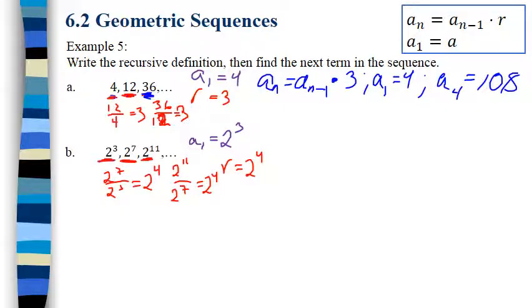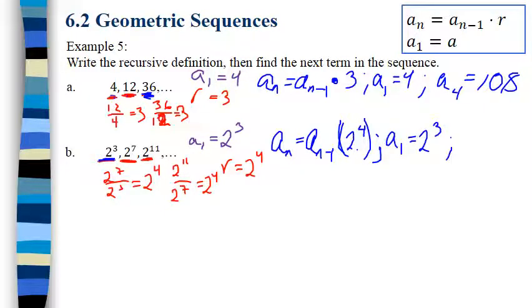And so the recursive formula is going to be a sub n equals the previous term, right, the one before it, a sub n minus 1, times, I'm going to use parentheses this time. It doesn't really matter. You can use parentheses or you can use the little circle. It's up to you. Where a sub 1 has to be 2 to the third.